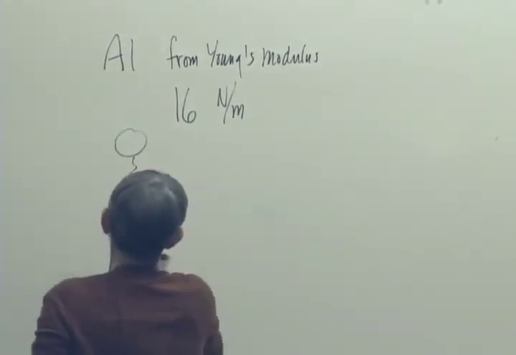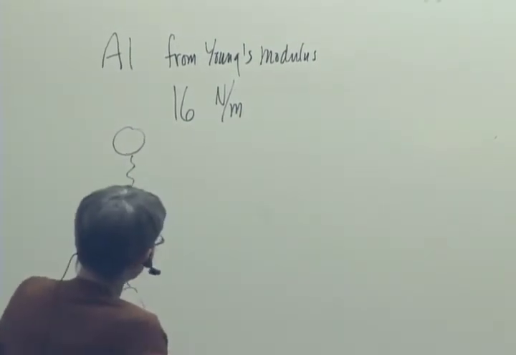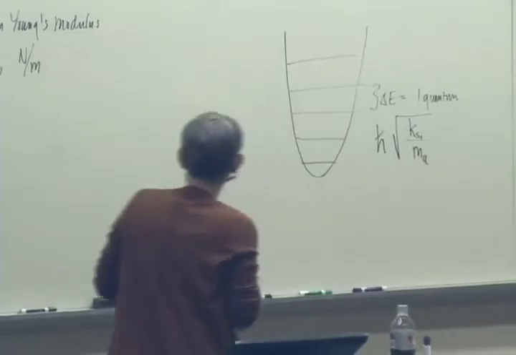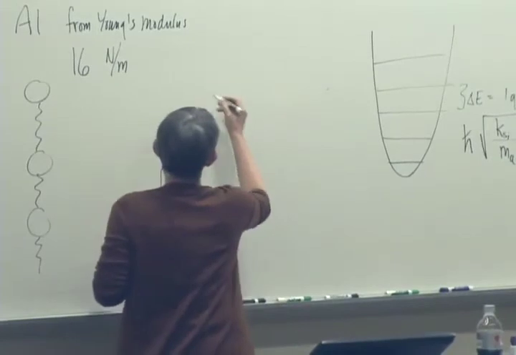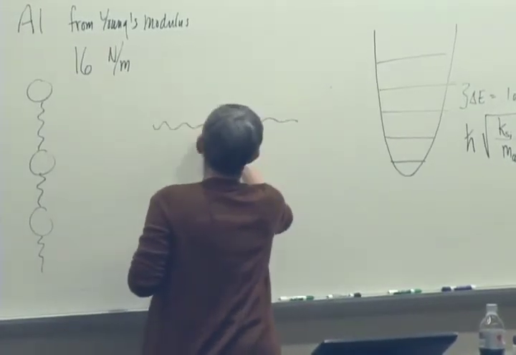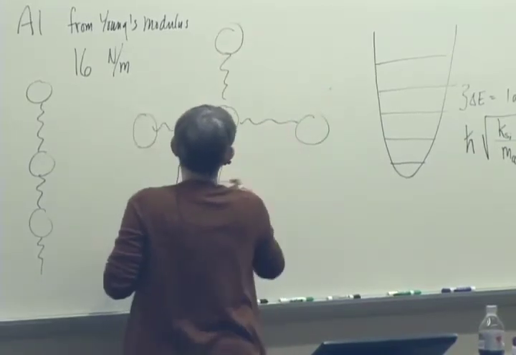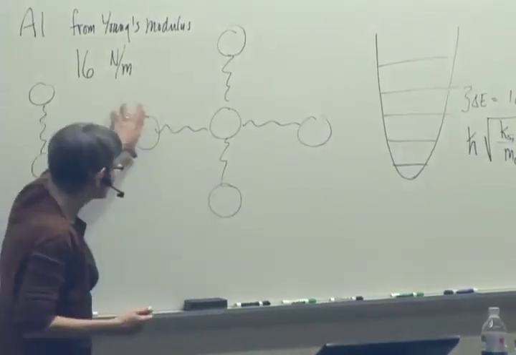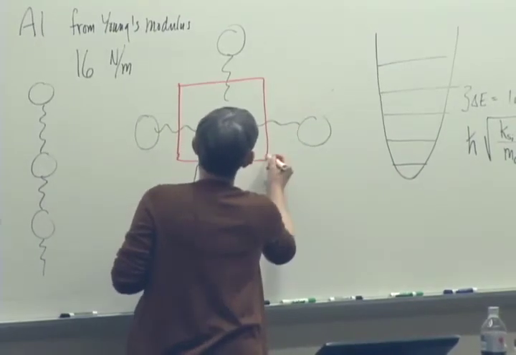However, we're thinking about our current model in a slightly different way. Because what we've done, remember, is we said, well, we're going to treat every atom in this lattice as if it consisted of 3 independent oscillators, meaning it's not connected to some other atom, it's actually connected to a wall.